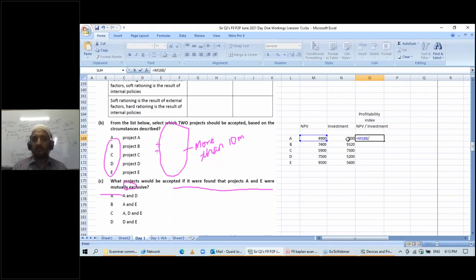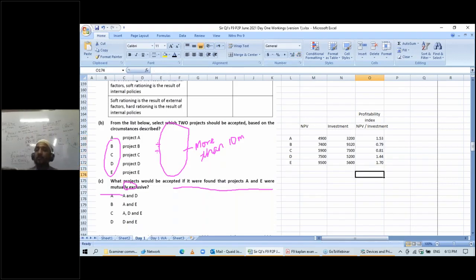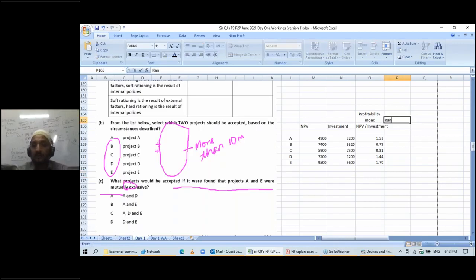This gives you the NPV per dollar invested in a project. So this is the profitability index. Now, if we rank these projects, the order will be, first the investment should be undertaken in project E. This is the best one.